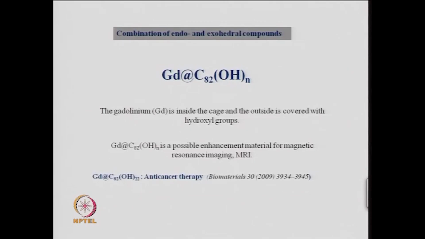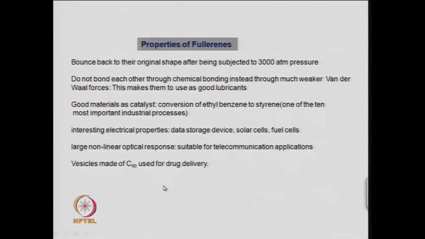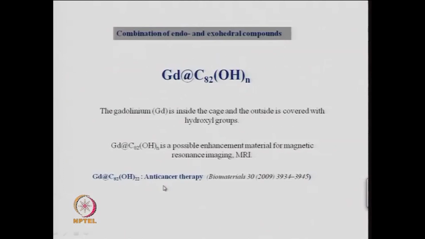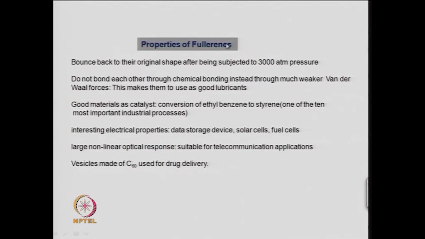It has also been shown that this material can be used for anti-cancer therapy, which is very important, and this kind of material based on gadolinium can be made as an endohedral compound and can also be made as an endo and exohedral compound. Now, there are several other properties of fullerenes.